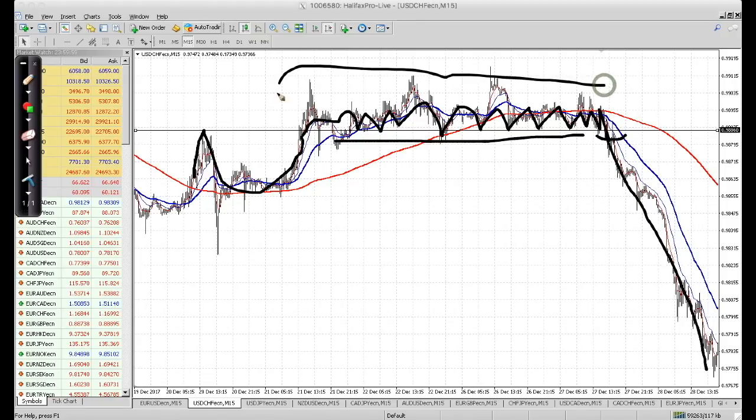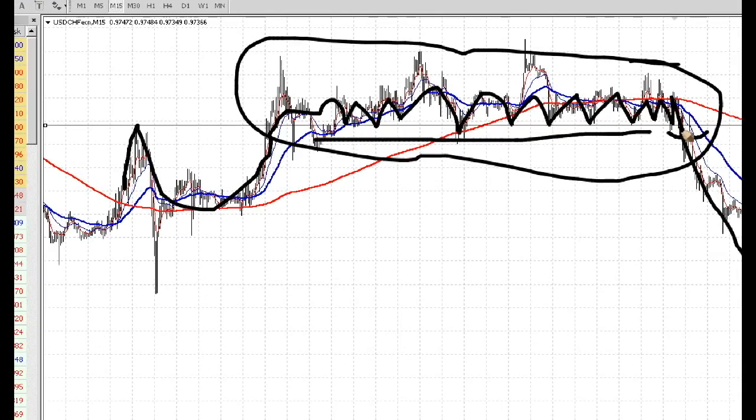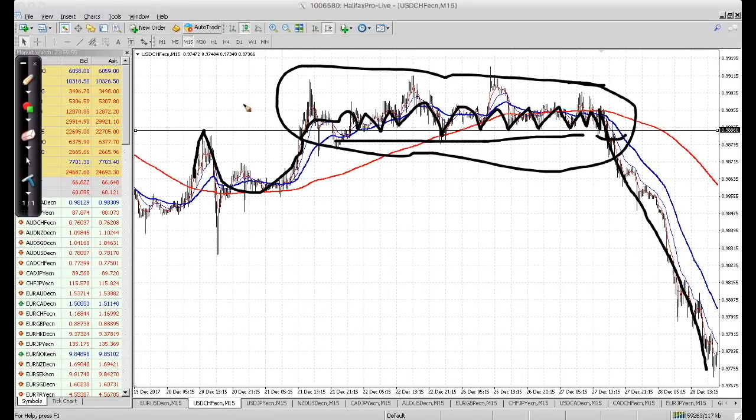But at this point here, it was a consolidation pattern, and in the trade the range strategy that you learn in, I think, lesson 4, I'll teach you how to buy exactly at the support level and exit at the resistance level. You could have made a lot of money here before it broke down. And you never know when it's going to break down until it breaks down.